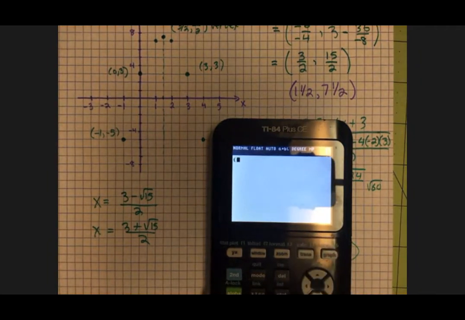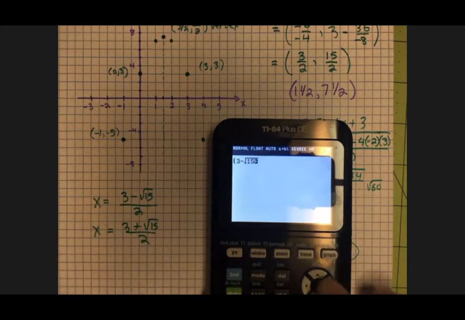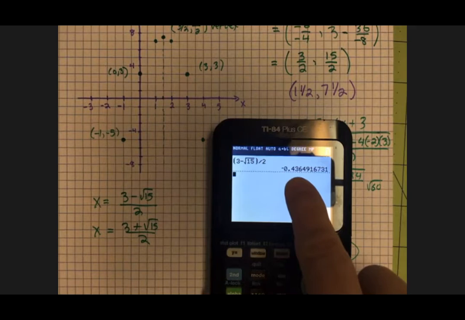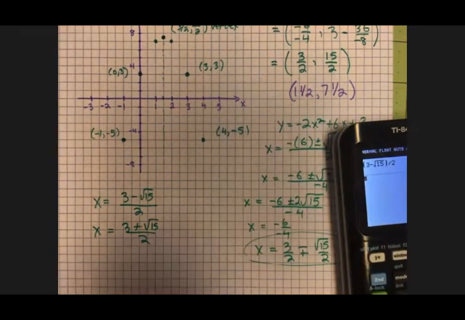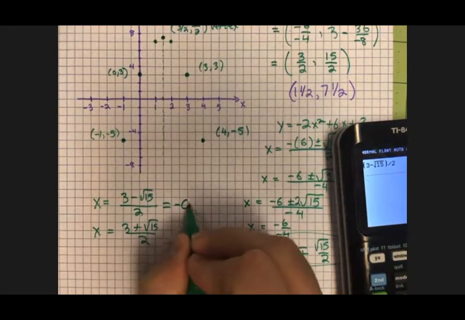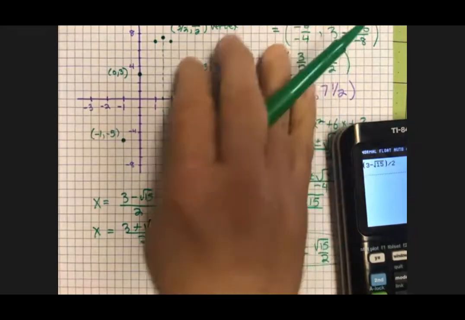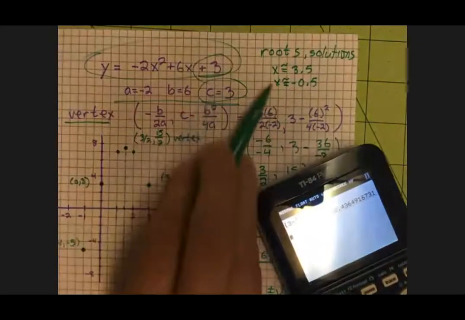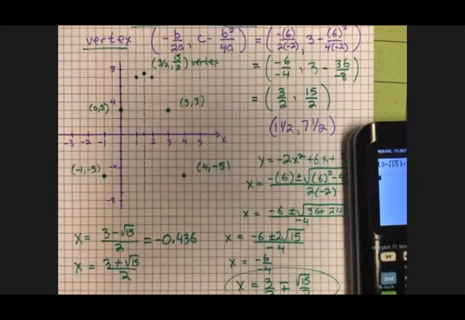So 3 minus square root of 15 divided by 2 gives minus 0.436. It's not exactly minus 0.5, like I guessed up here, but it's darn close to minus 0.5.